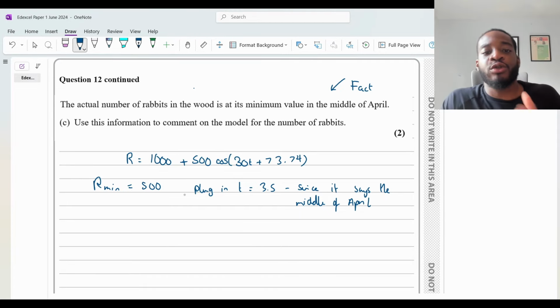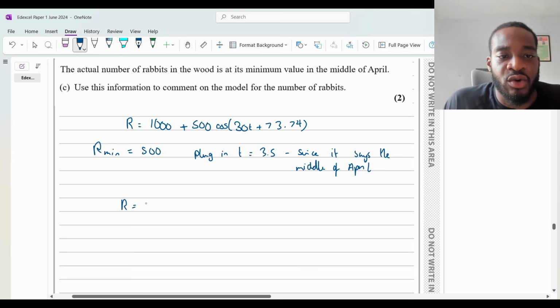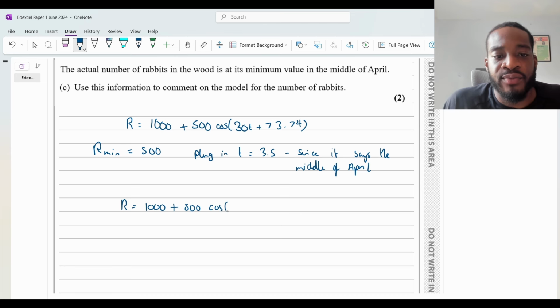So R is going to equal 1000 plus 500 cosine of (30 times 3.5 plus 73.74). Let's see what we get.